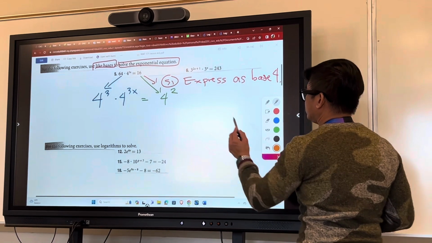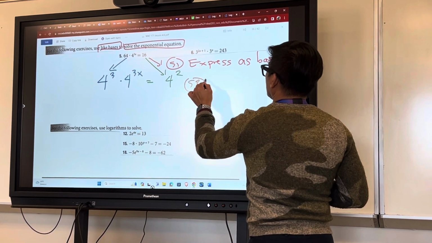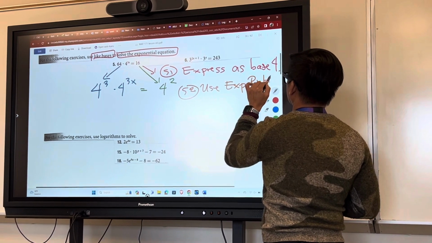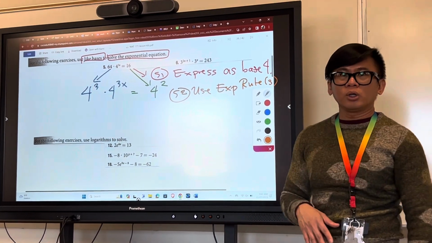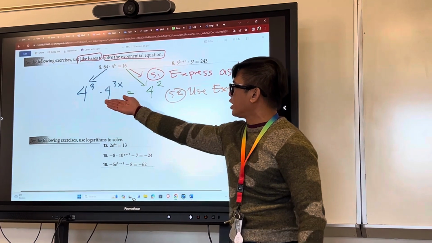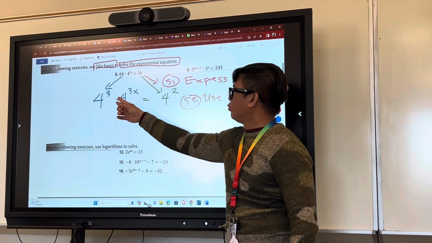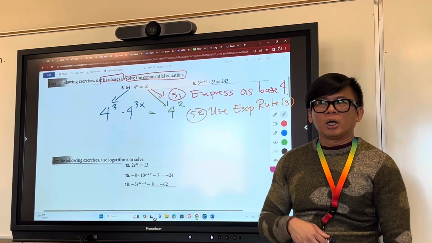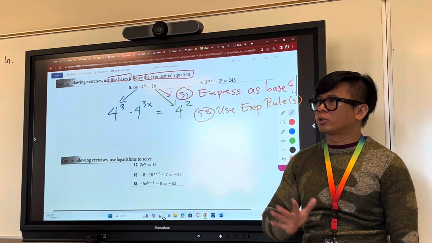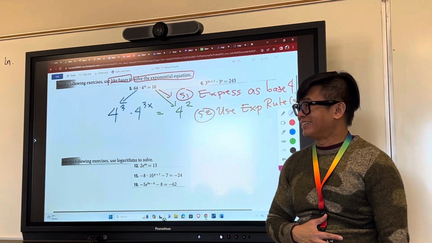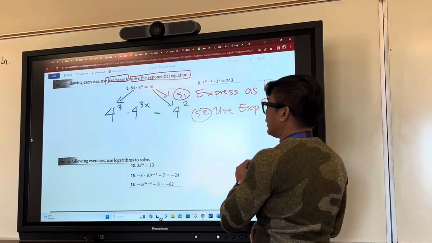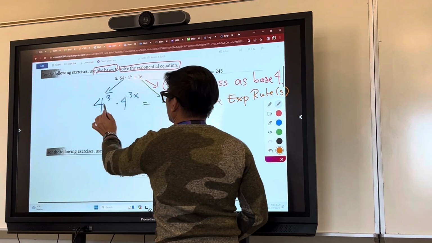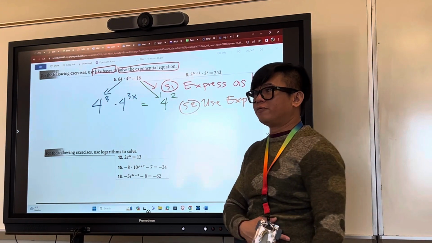Step number 2, use exponent rules. What exponent rule or rules should we use? For example, on the left side, if you have 4 cubed times 4 to the 3x, what rule should we use? Product rule, quotient rule, or power rule? Power rule applies if you have a power raised to another power. But here you have 4 cubed multiplied by 4 to the 3x power.